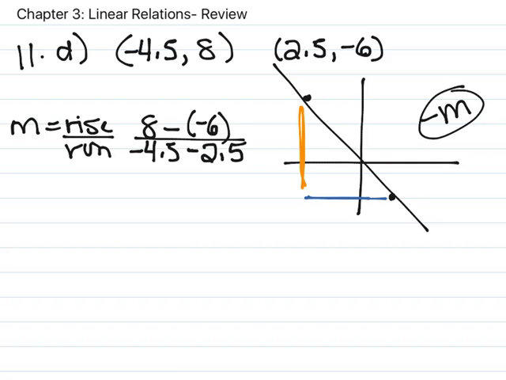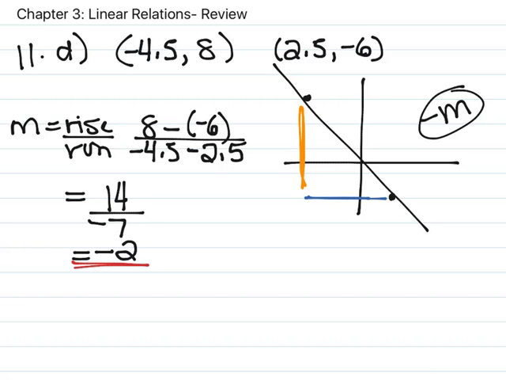Okay, so this is equal to 8 minus negative 6, which is the same as 8 plus 6, which is 14, divided by negative 4.5 minus 2.5, which is negative 7, which is equal to negative 2. For your slope, negative 2.